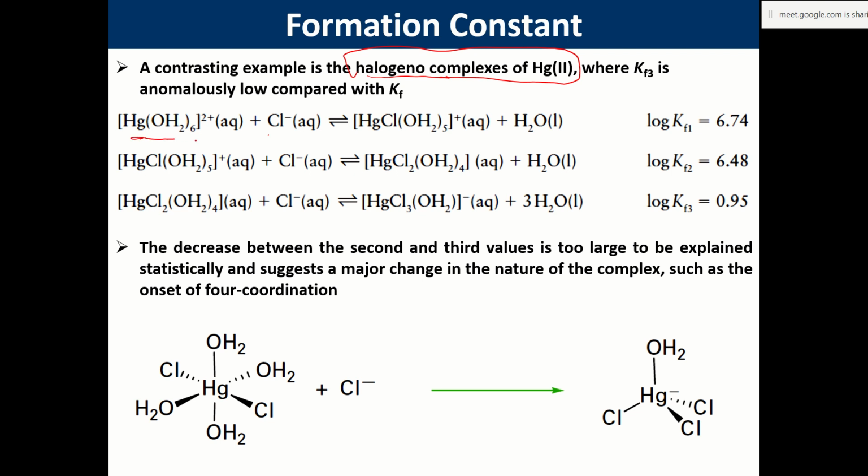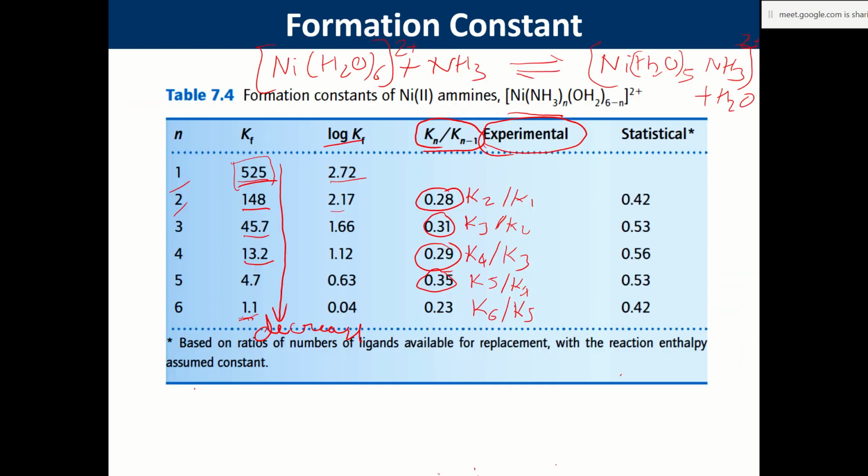Starting with the mercury aqua complex, with one Cl minus replacement, the values are 6.74, 6.48, but the third one is surprisingly very low. Usually in the normal case, Kf2 by Kf1 follows the order of about 0.3. This is the normal situation.